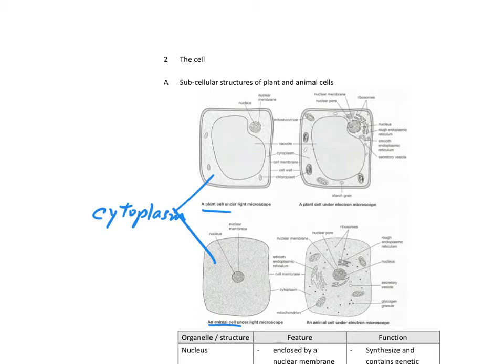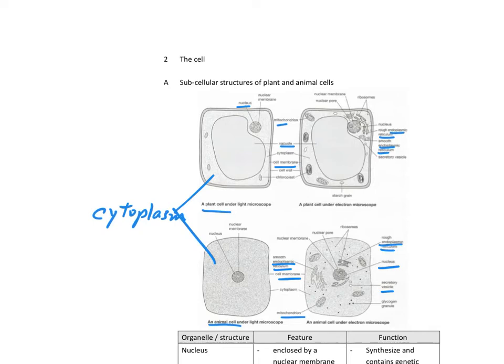Then there are various organelles, for example, the nucleus, endoplasmic reticulum, mitochondria. Vacuoles: a small vesicle, or small vacuole, in animal cells. It's a big vacuole in plants.